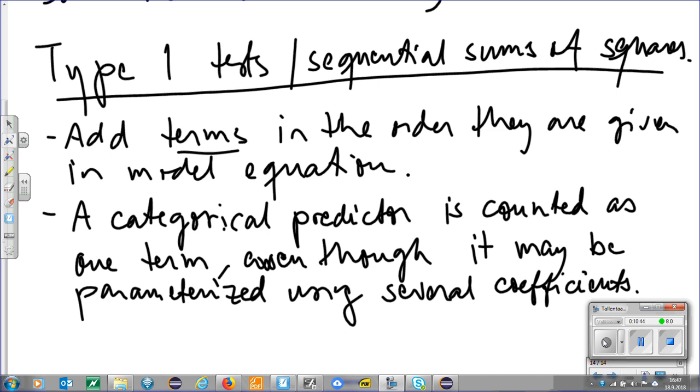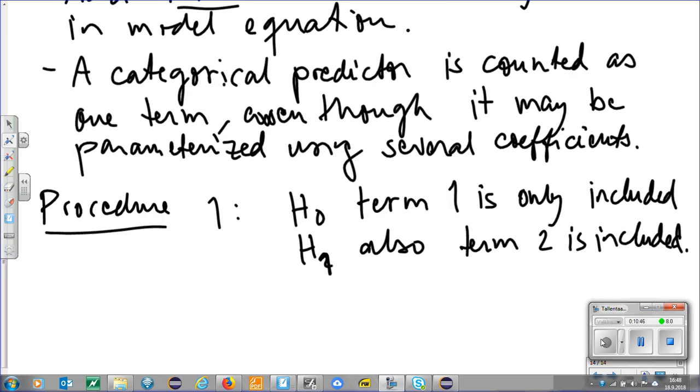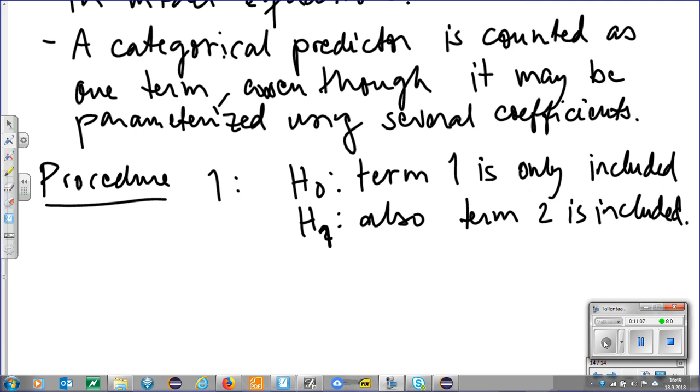So first we make a test where the restricted model includes only the first term of the model, which is not usually the intercept, and the alternative model includes also term 2, but it doesn't include terms 3 and 4 and so on. So we conduct the test on this model, and then this gives us the p-value for term 2 of the model.